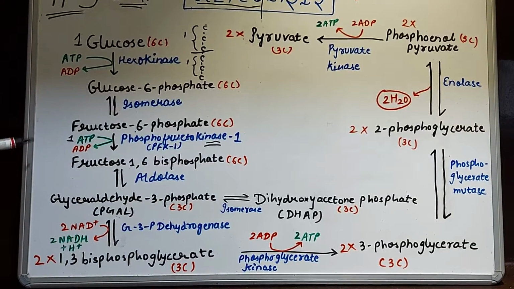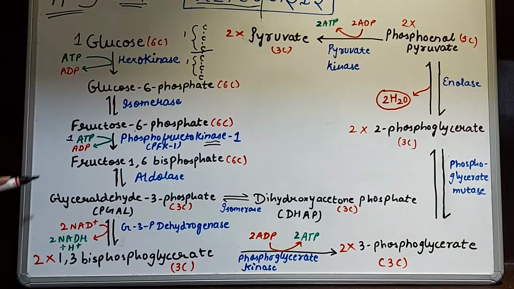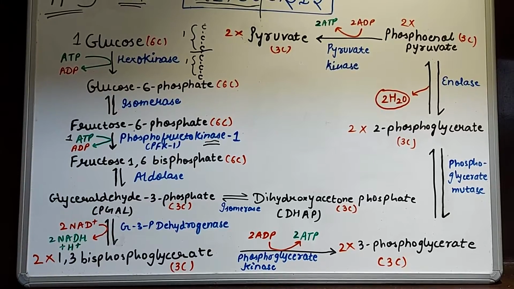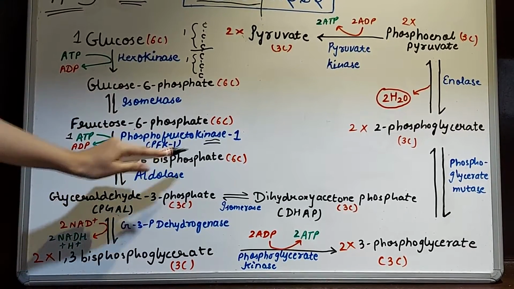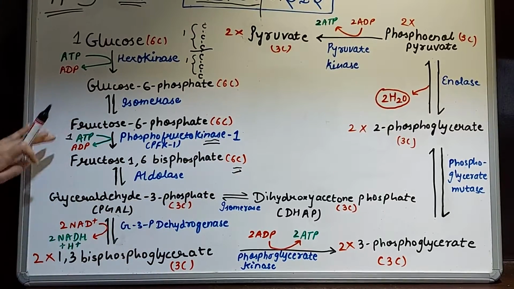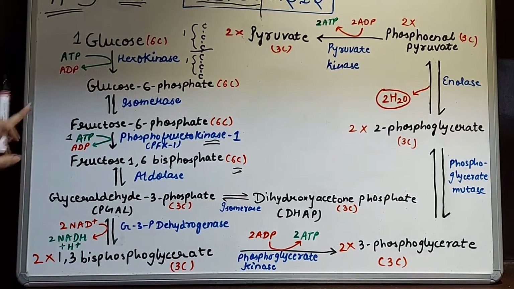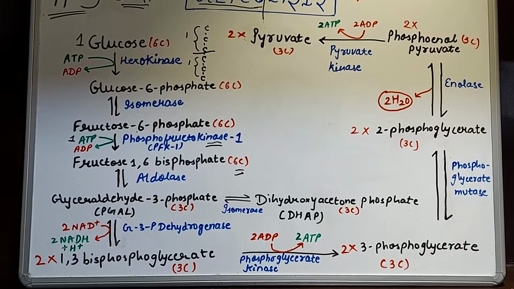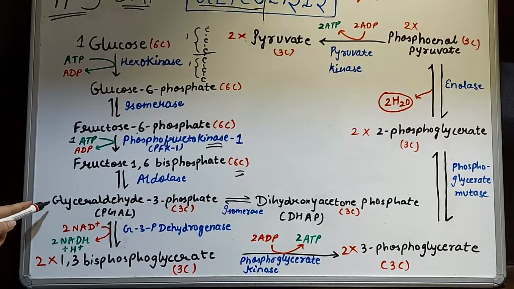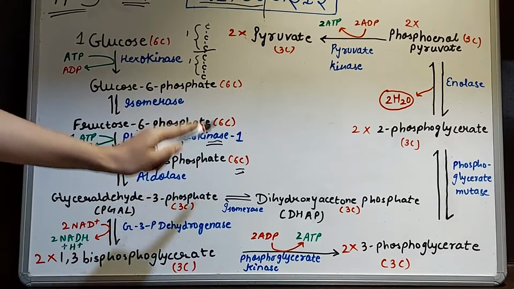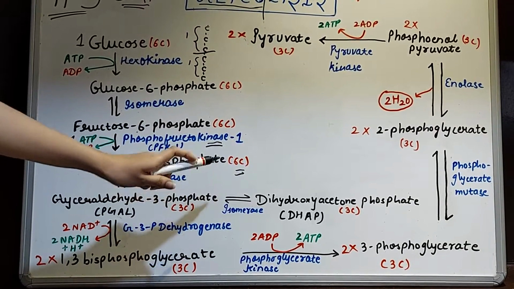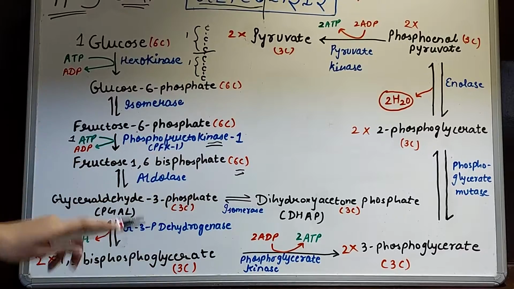Now fructose 1,6 bisphosphate is converted to 2 molecules. Fructose 1,6 bisphosphate is a 6 carbon molecule. This gets broken down to 2 three carbon molecules, that is glyceraldehyde 3 phosphate, or PGAL, and dihydroxyacetone phosphate, that is DHAP.